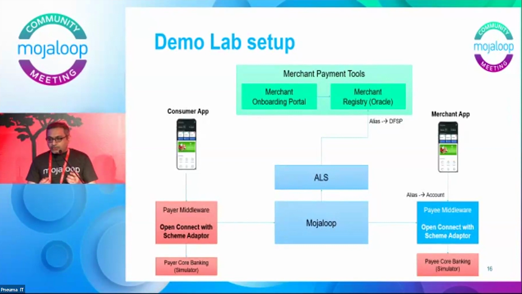What we intend to do is upload all this code in a public repository. So anyone who wants to experience this whole environment can, as an end user, simply download the apps and start using it with test accounts and see the transactions happening on Mojo Loop.